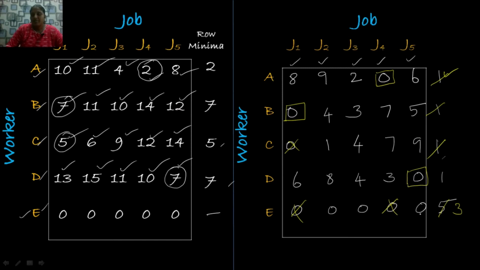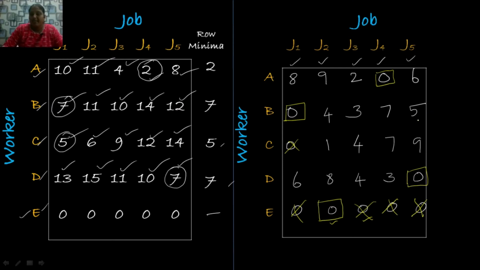After making assignment, cross the remaining 0 elements in the same column and also row wise too. So next we have two possibilities. Either we make an assignment at this position or this position. So we have to choose any one of them based on our choice. So I choose this position for making assignment. After making assignment, you cross the remaining 0 elements in the same row and column.